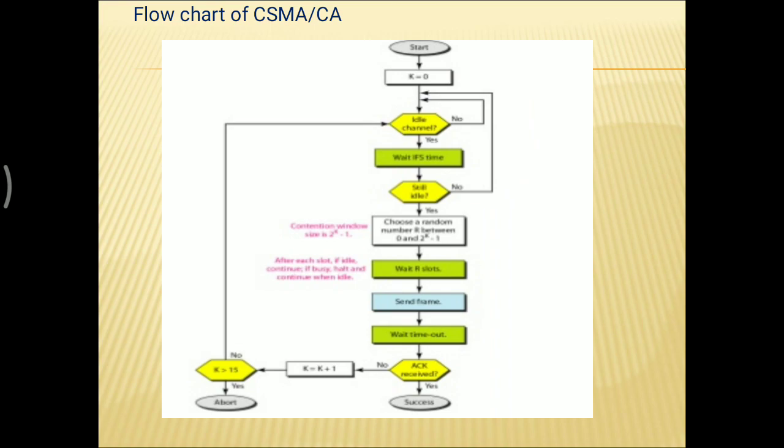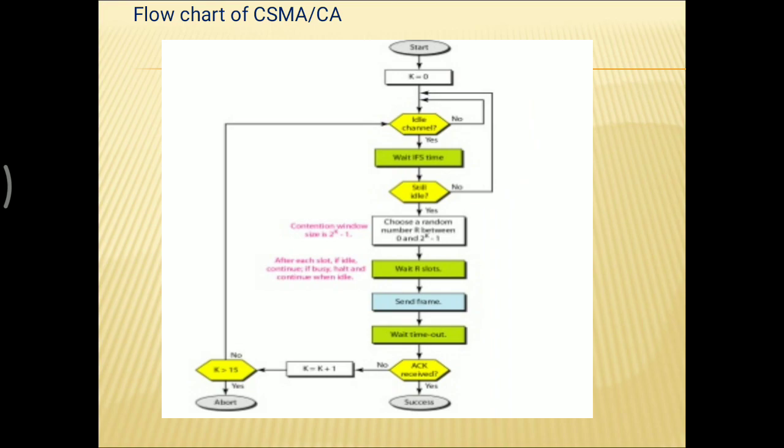After waiting, we send the frame and set the timer. By completing this time, the transmission is successful, and we get the acknowledgement from the receiver. If we do not get the acknowledgement, we assume that some collision has taken place, and we increment to the second attempt and again go for sensing.